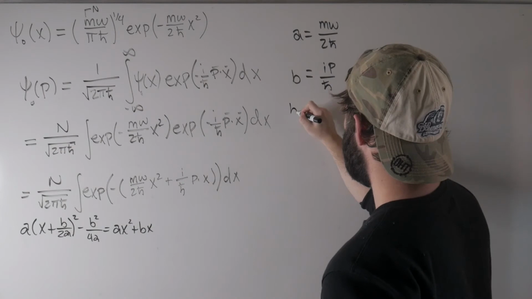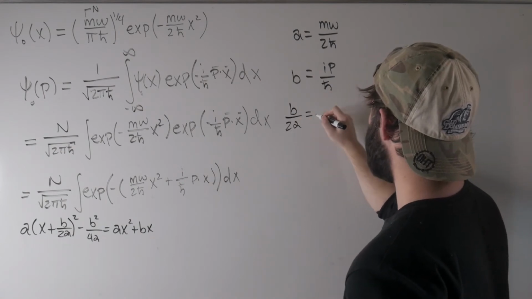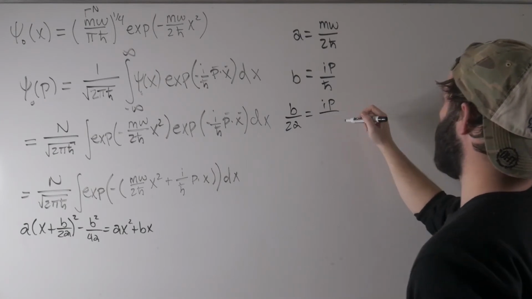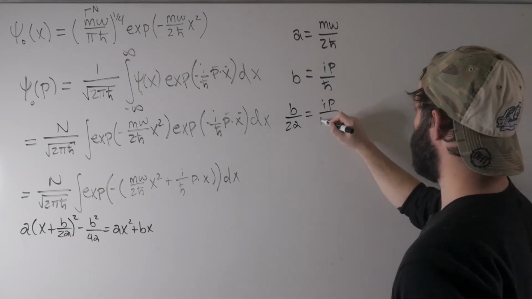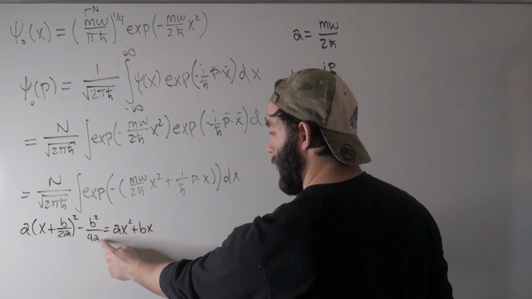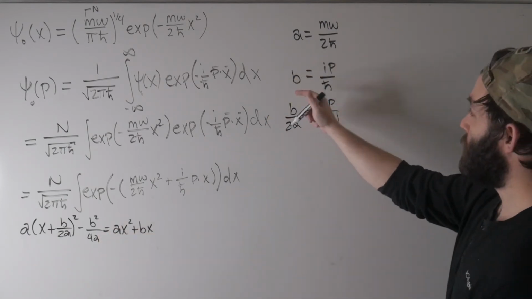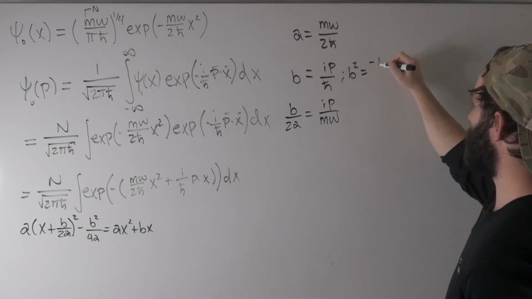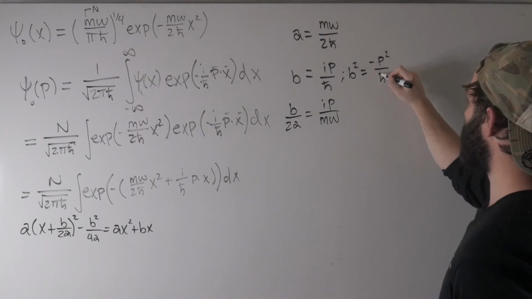So b over 2a is equal to ip over m omega. And then we also have a b squared over 4a. So b squared is going to equal minus p squared over h bar squared.